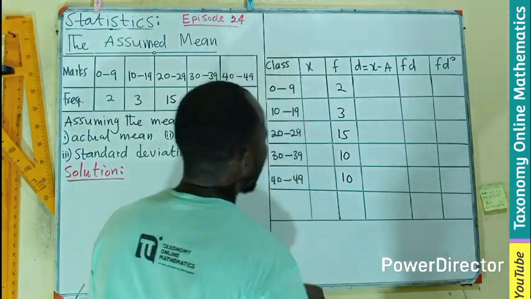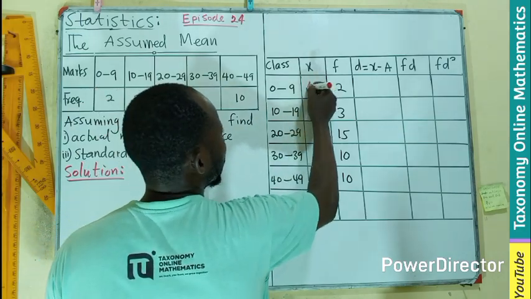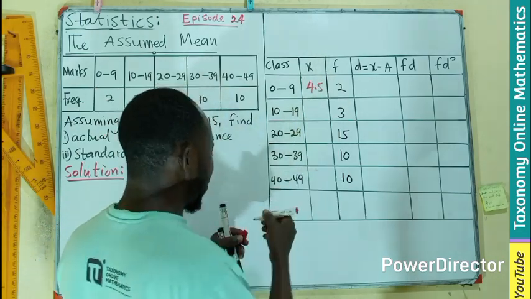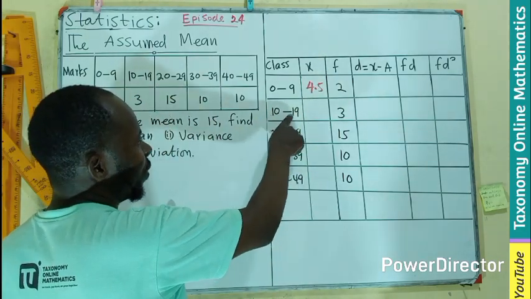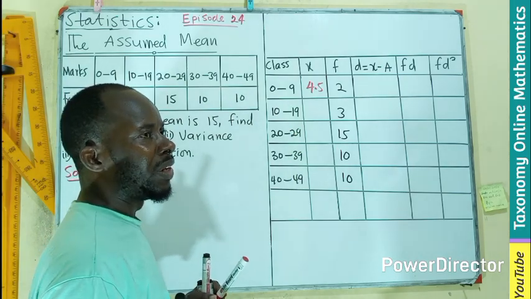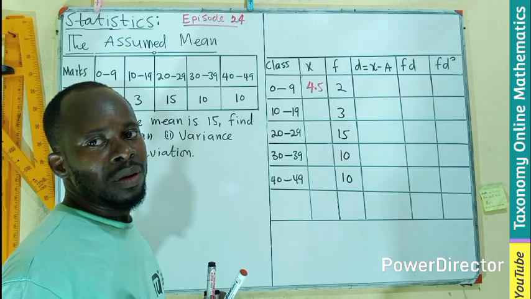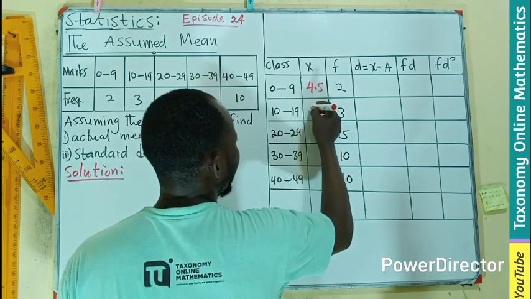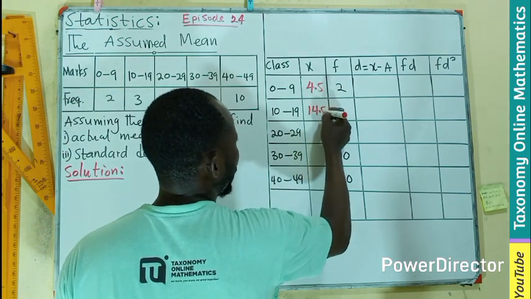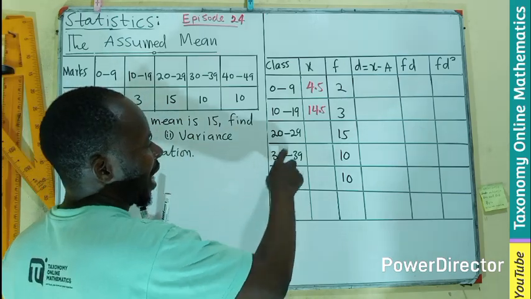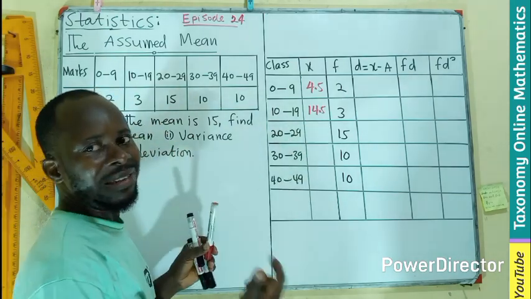Let's see if we can put some colors into it. So 4.5. In the case of this, it is going to be 29. 20, if it is 28, that will be 14.5. Now, we can generate the rest by using the class size.